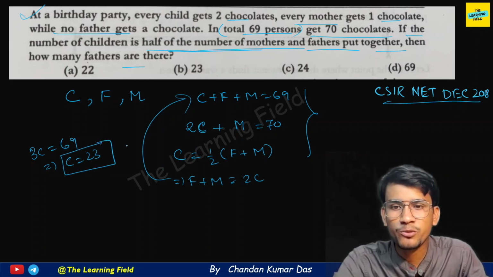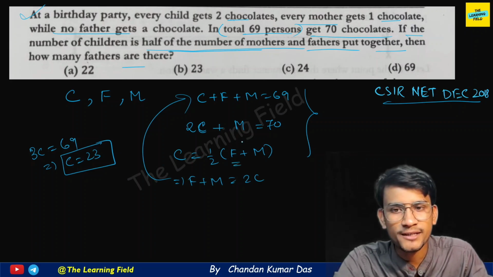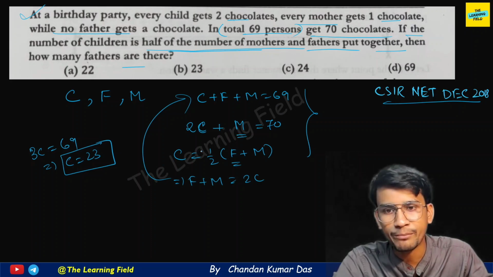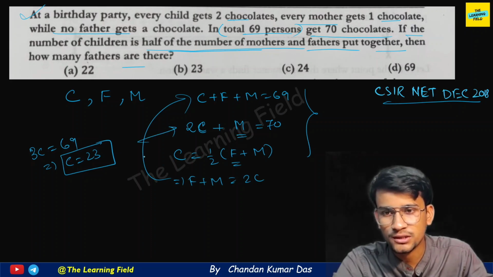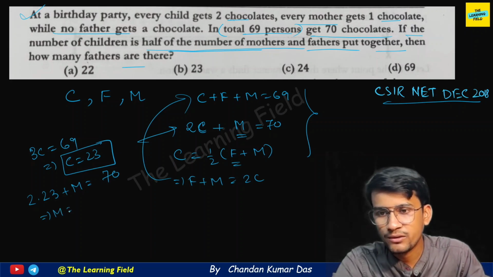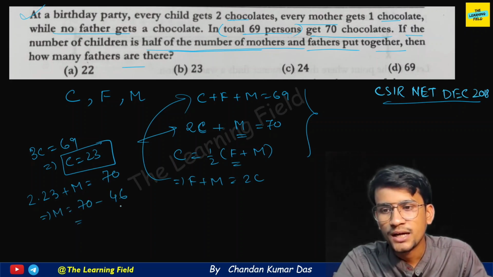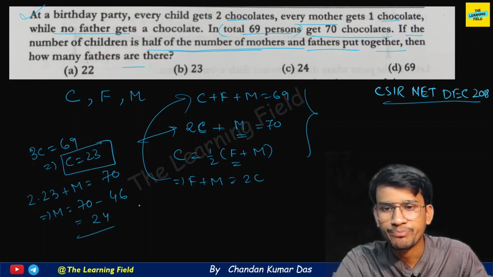Now we have to find the number of fathers, and to find F, we also have to calculate M. If we put the values in this equation, we get 2 into 23 plus M equal to 70. So M equals 70 minus 46, and this gives us 24.